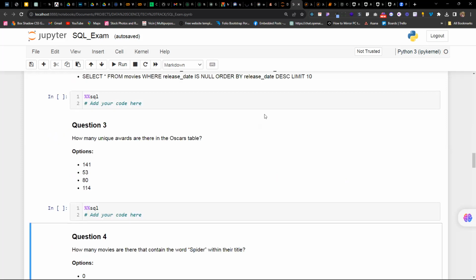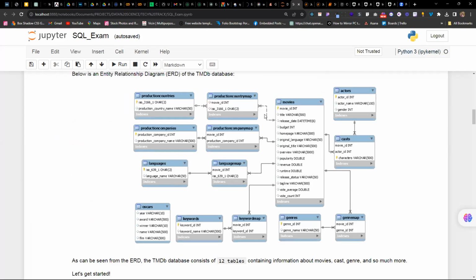Can you show that diagram again? Are they both columns or are they tables? There's a keyword, there's a keyword map. All of these are tables.